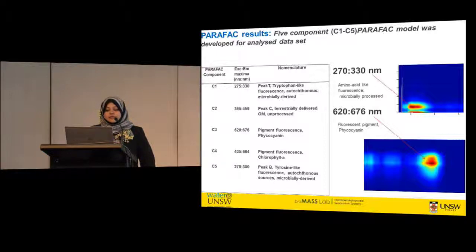One was tryptophan-like fluorescence, which we call peak T, and one peak was tyrosine-like, that's peak B. Along with that, we also observed a component that had terrestrial-derived fluorescence according to the classical nomenclature, that is designated as peak C. And with that, we have 2 pigments, phycocyanin and chlorophyll A.